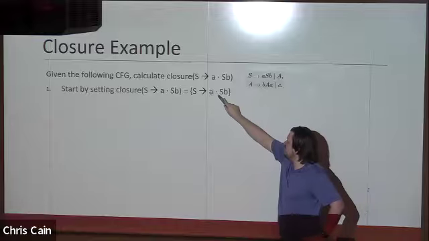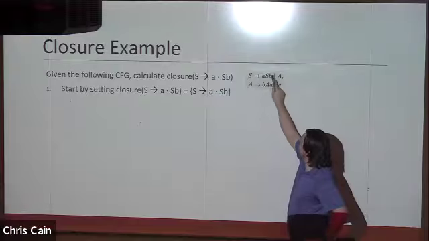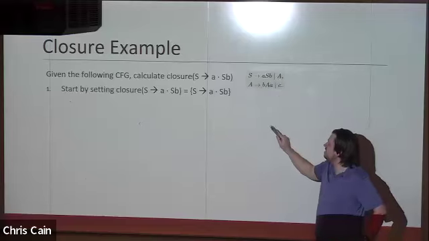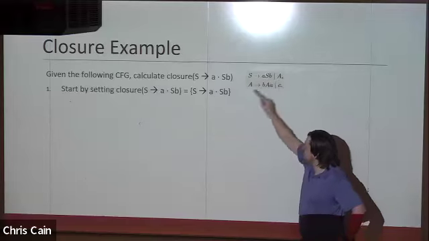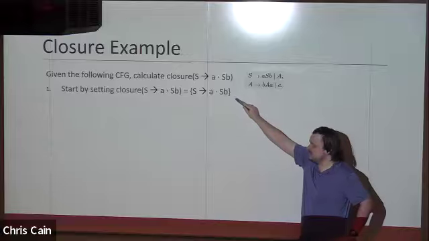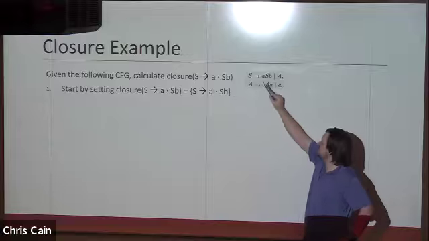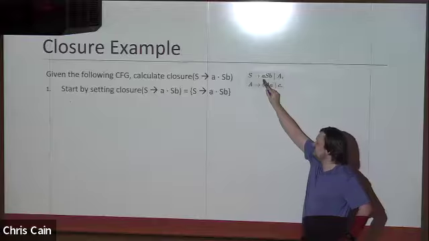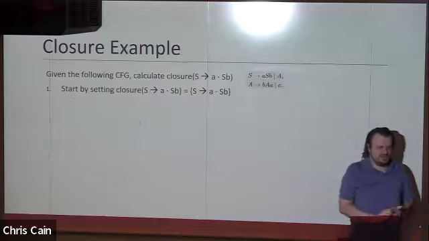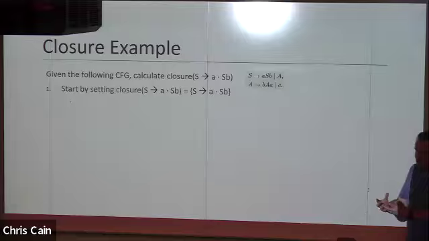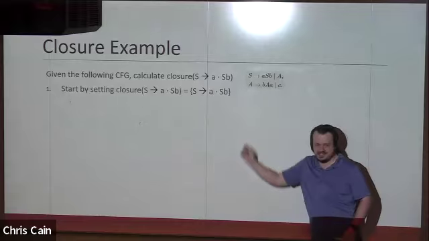And that would say, to do this, we need to see either this production or this production of some kind. So we're going to add both of these as elements of our closure, where the marker is at the far left-hand side of these, because we haven't seen them yet. But if we do see them, then we could reduce down into the S, where we could move the marker past the S.